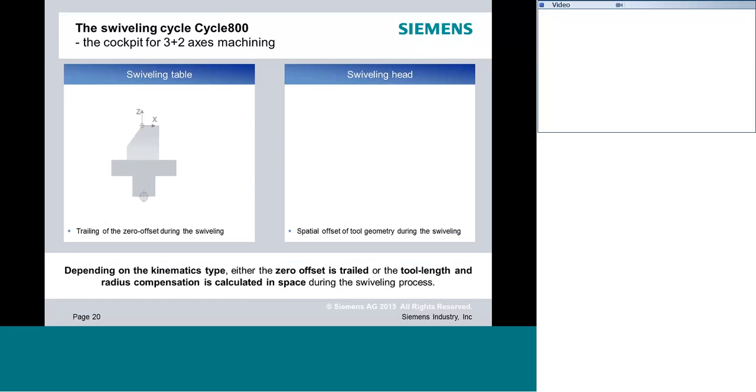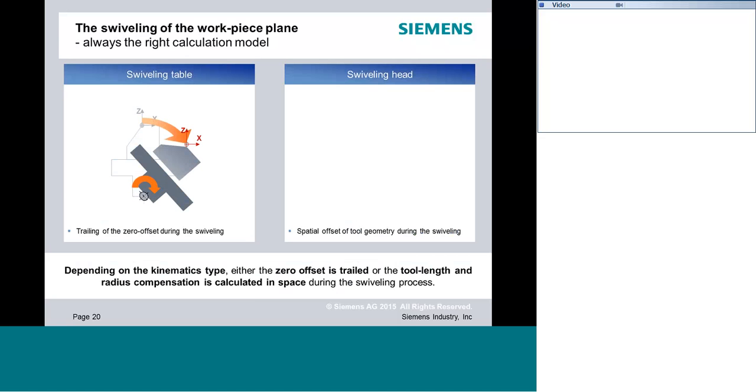So what does it look like when swiveling occurs? On a table machine, you'll see the physical table tipping over, and now the tool will come down and be normal to that new surface. You see how my Z is now pointing at a new location. The Z didn't follow the rotary because the system automatically compensated for that.